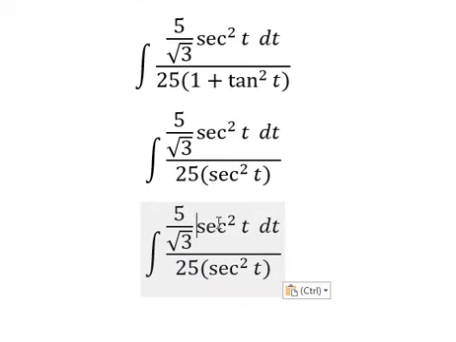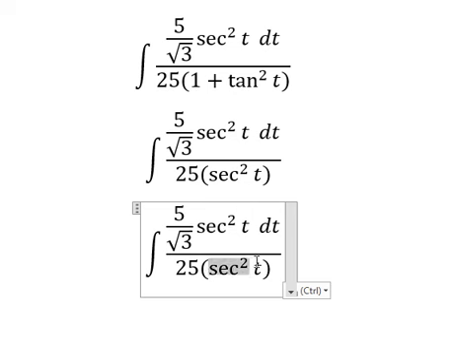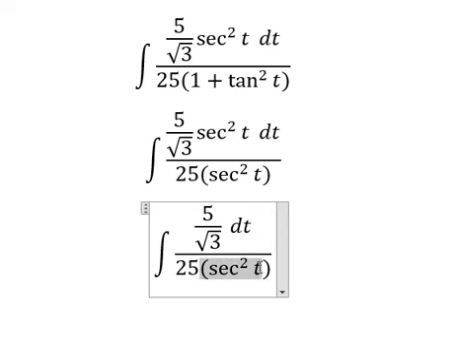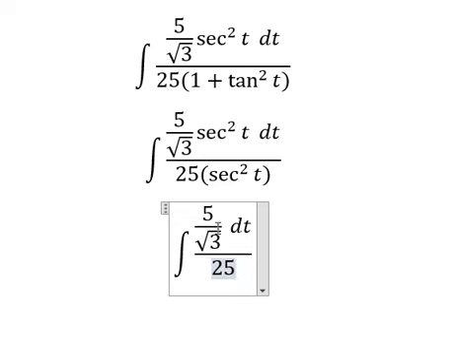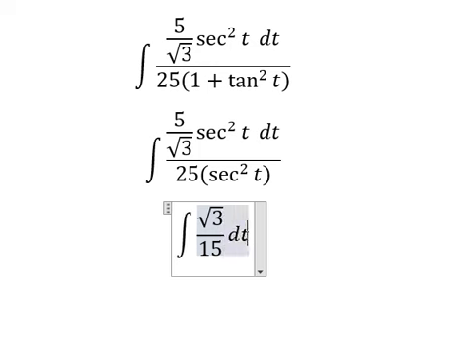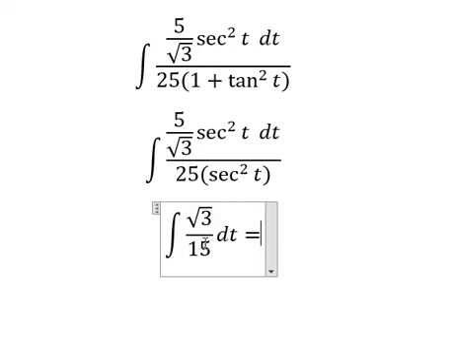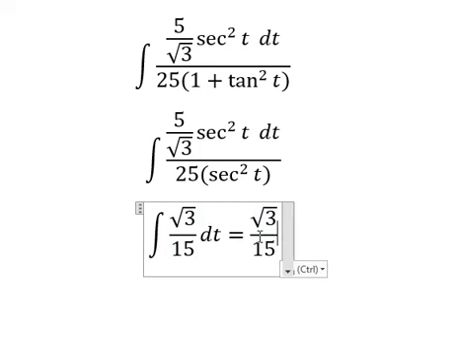So we need to simplify this one over this one. So this one divided by this one. So we have the square root of 3 over 15. And now we have t.